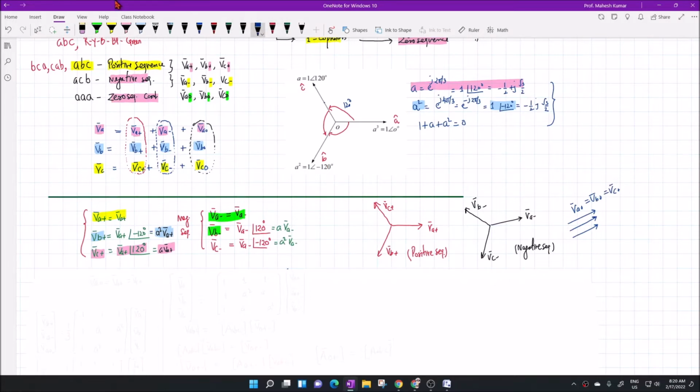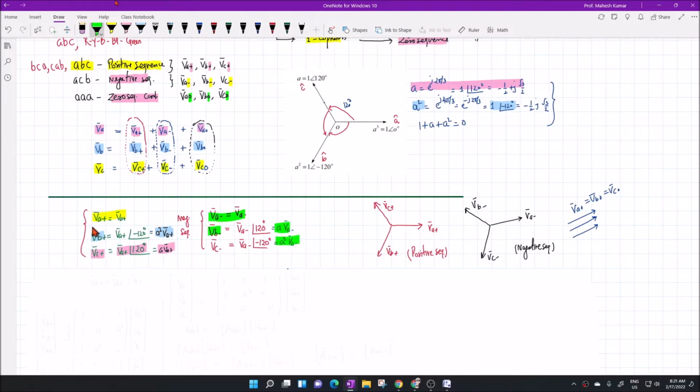Therefore VB minus will be VA minus angle of 120 degrees, and it becomes nothing but a VA minus, because a is 120 degrees, and VC minus will be VA minus angle of minus 120 degrees, that becomes a square VA minus.